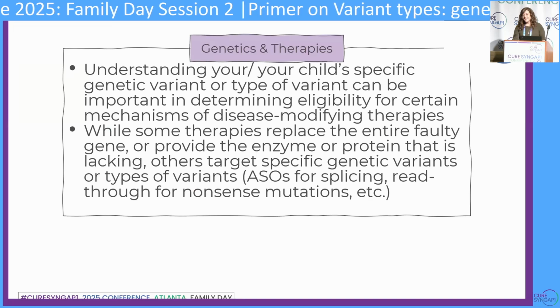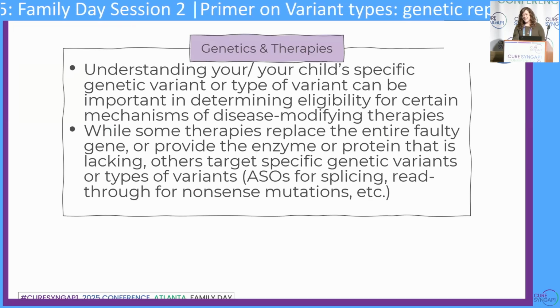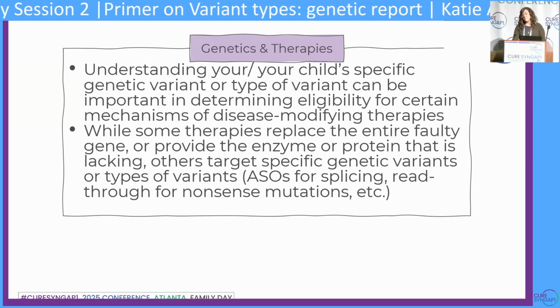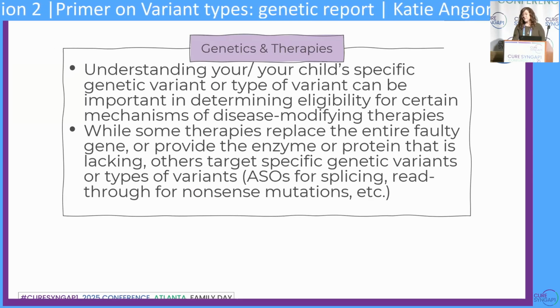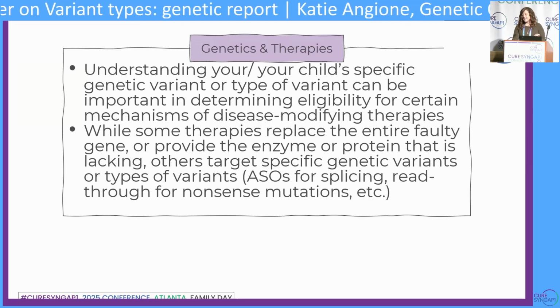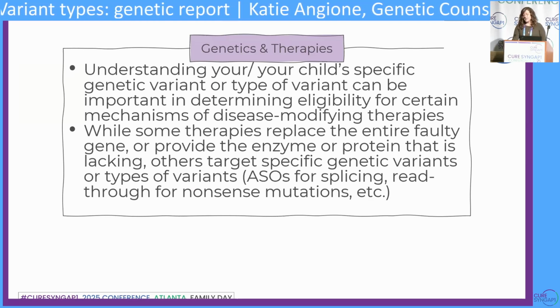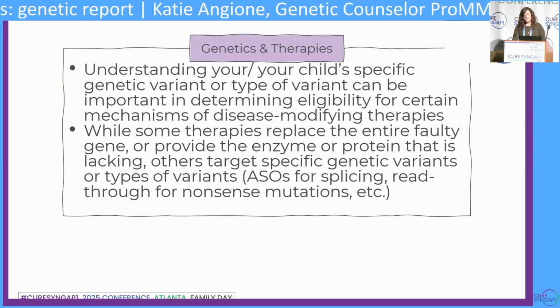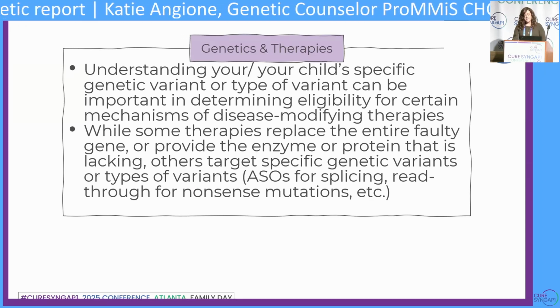So why is all this important in the context of the conversation we're having today? Sometimes the specific variant that you have or the type of variant can impact what therapies might be amenable to altering or fixing that genetic mutation. There are things like ASOs that can target specific types of genetic variants.